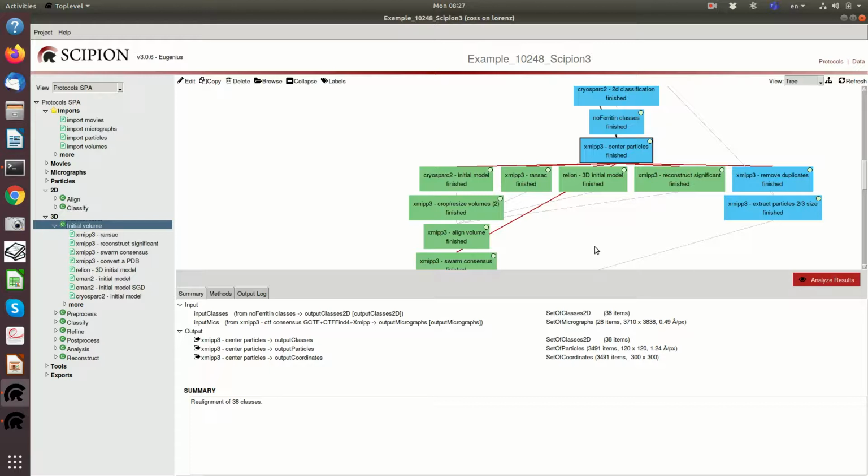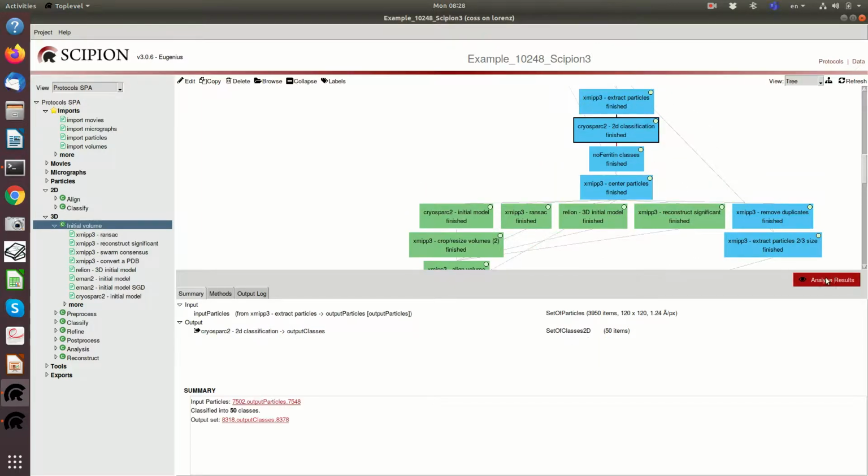So sometimes if you have a good initial volume, that is fine, but if you have a bad initial volume, sometimes it can escape from that local minimum, and sometimes it cannot, and it will produce very bad reconstructions. One of the indications that you have a bad initial volume is when you have good looking 2D classes.